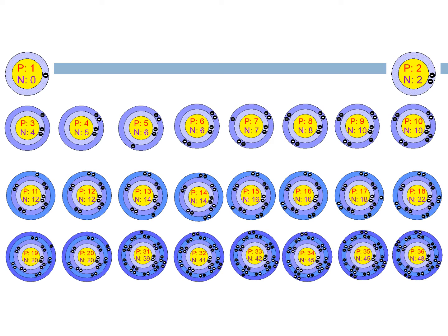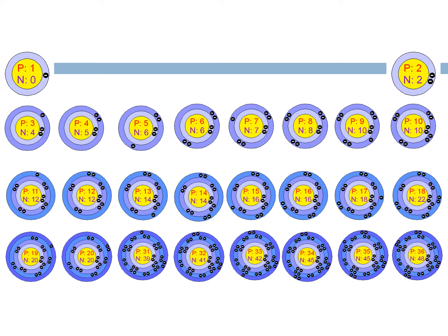Then you get to neon here. Again, it's in the second row still, so it only has 2 rings, 2 energy levels, and it holds up to 8 around neon. Then after neon, you get to proton 11, which is sodium. You can see that it has 3 rings, and that means the outer ring has 1 electron, and then it goes to aluminum with 3, and so forth, continuing adding 1 electron each time as you go across the periodic table.